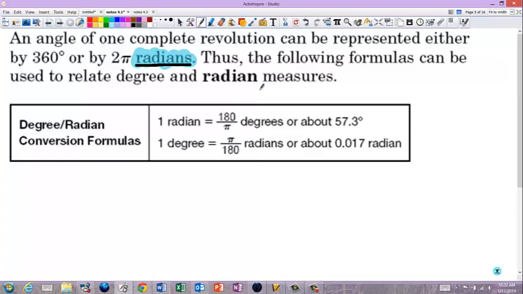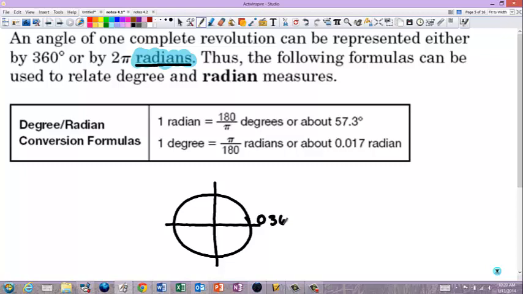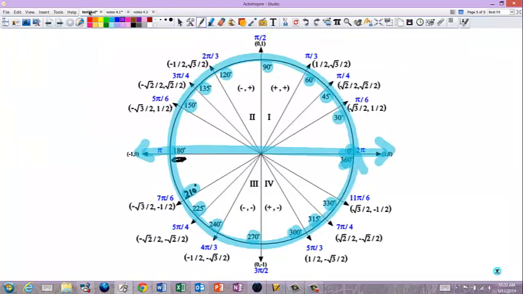If you have a circle, here's 0. All the way around the circle is 360 degrees, or all the way around the circle is 2 pi radians. Notice on your unit circle, the unit circle has a radius of 1.